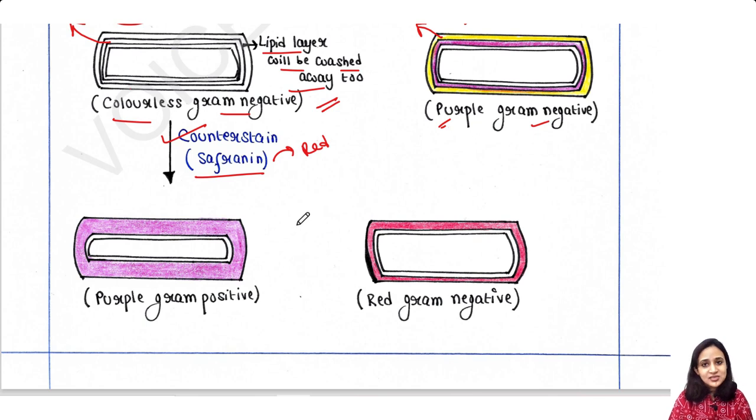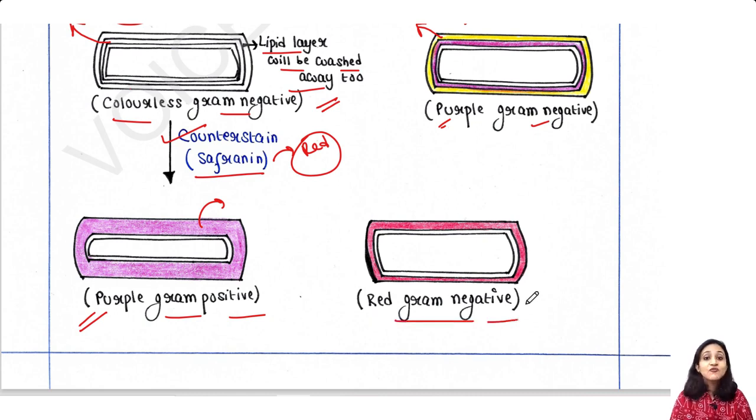Now both gram-positive and gram-negative cells will take this safranin, but gram-positive cells already look purple. They have a very dark stain. Although they are taking the red safranin color, they will look purple only.